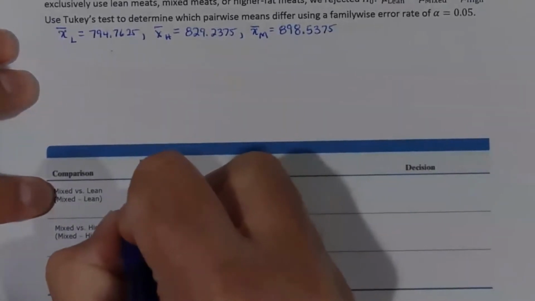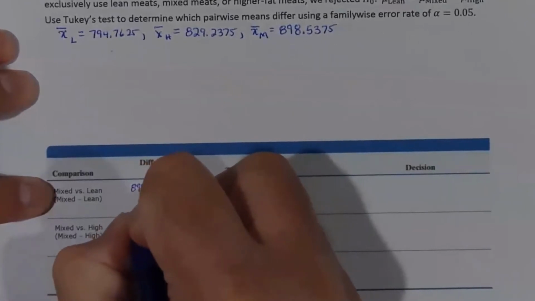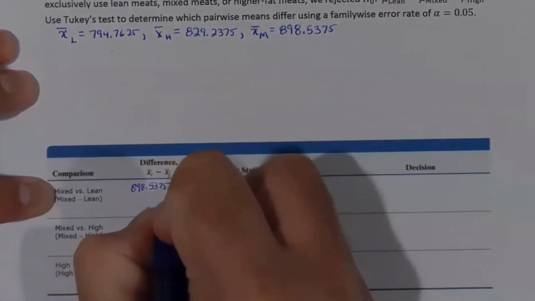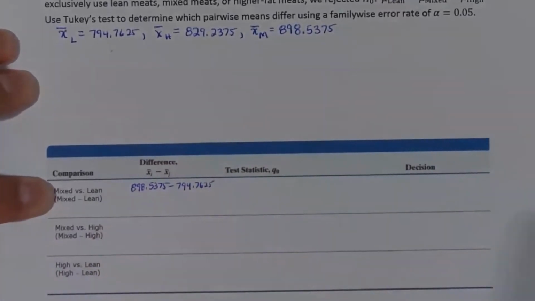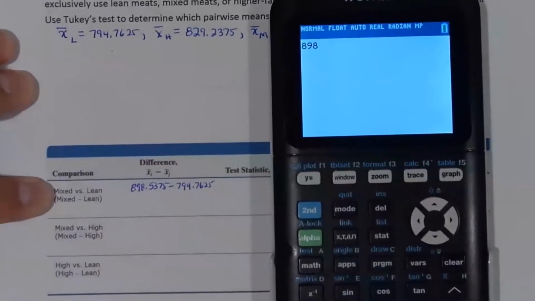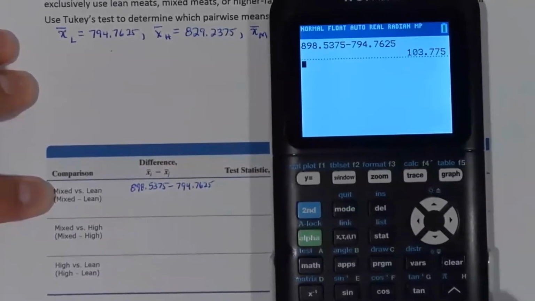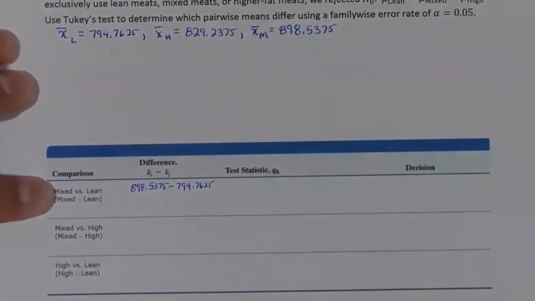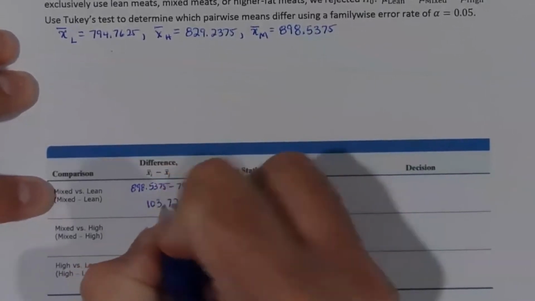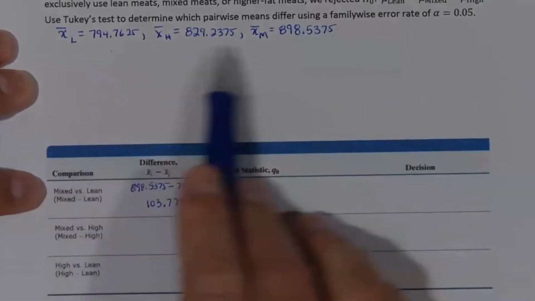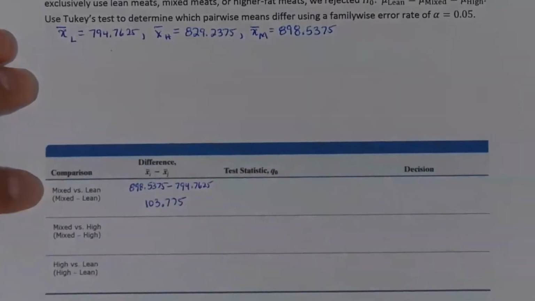I'm going to take 898.5375 minus 794.7625, and that's a difference of 103.775. Again, that's the difference between mixed meats and lean meats.